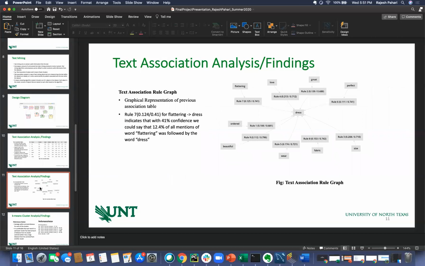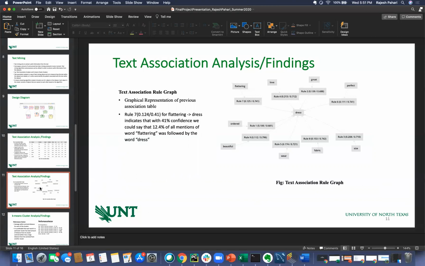The same thing can be looked at visually, and we call it the text association rule graph. Over here, we see several premises leading to the conclusion word dress. It looks like we have 1, 2, 3, 4, 5, 6, 7, 8, 9 premise words leading to the conclusion word dress.